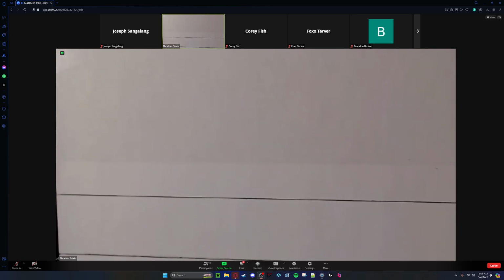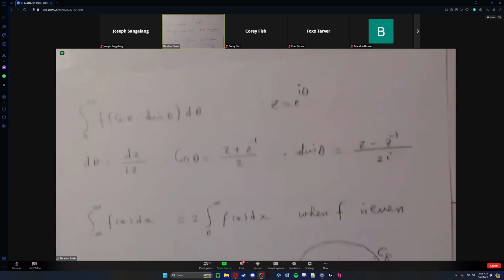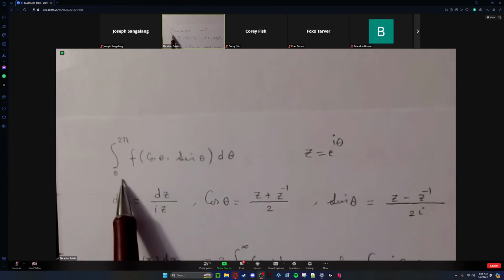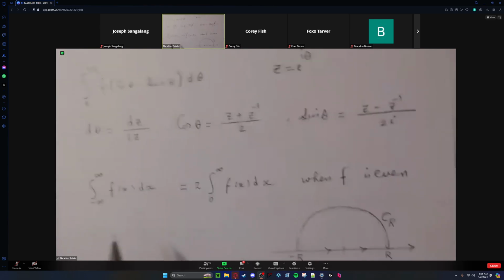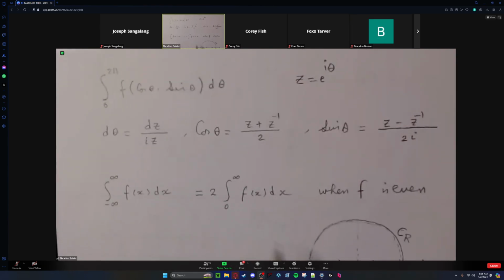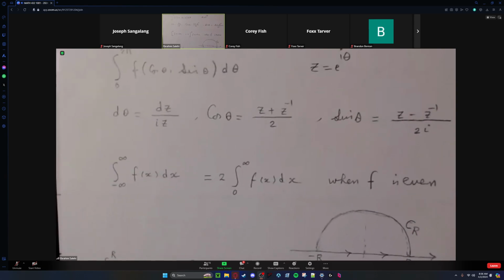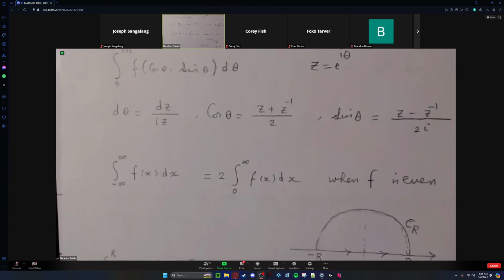We just got 2 examples. One, functions of this format, we converted to unit circle, and then functions of this format, we converted to, again, a complex integration. Now, what if we have a combination of trig functions and, let's say, algebraic function?